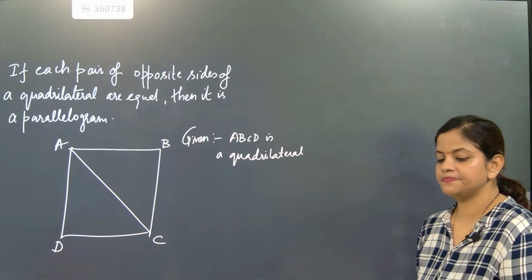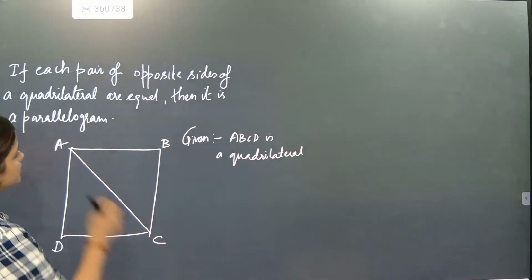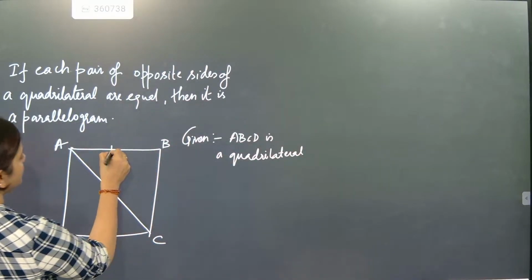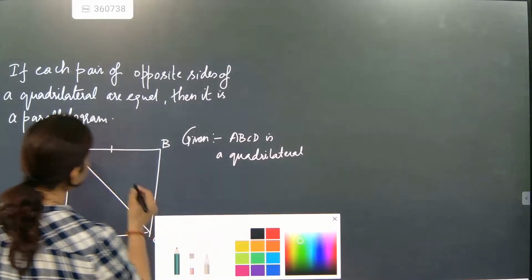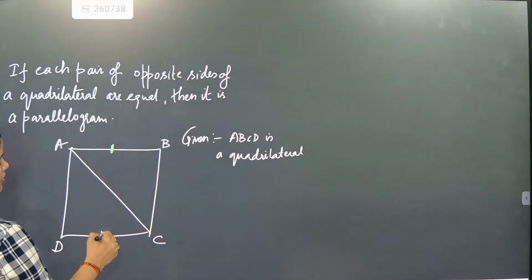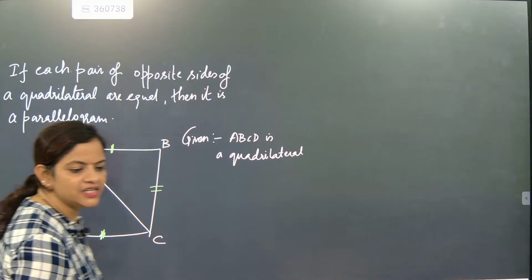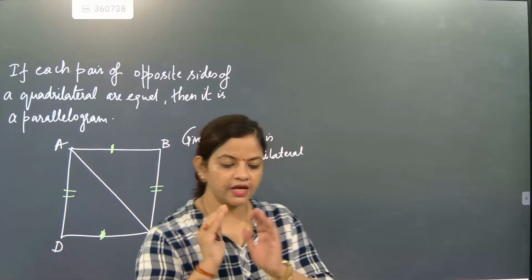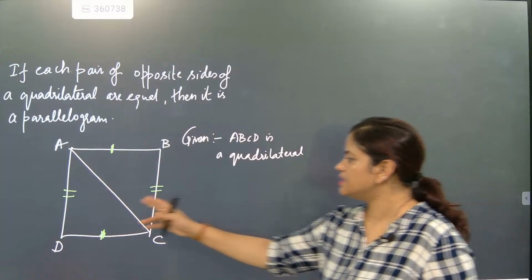Is it done? So now look here. Nothing is big here. Whatever is given, the opposite sides are equal. See, this is exactly one quadrilateral, so this side will be equal to the opposite side. Very, very easy. You don't have to do any big work. These are the two triangles.